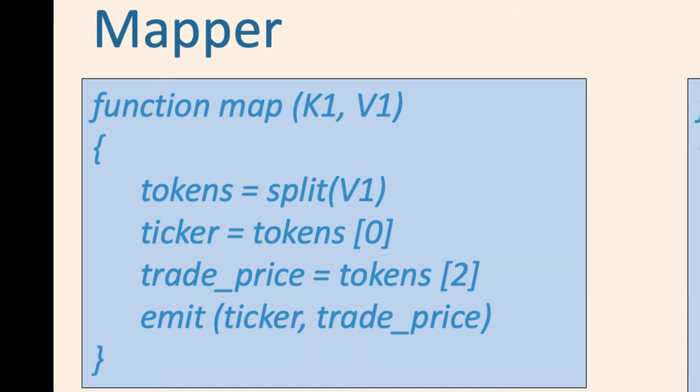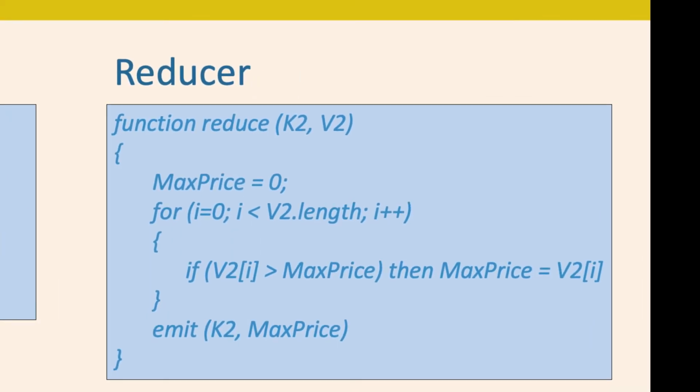Let's go to the reducer. The reducer also receives a key-value and emits a key-value. For example, in this case, the reducer is going to receive the ticker and the trade price from the mapper. That's the key and the value. Now, for each key, the reducer is going to calculate the maximum price.